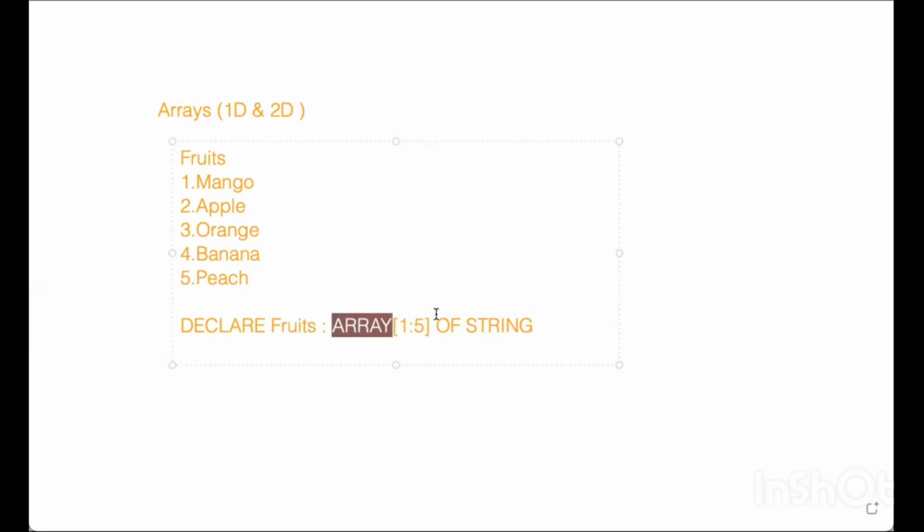The rest of the words are keywords. This 1 colon 5 means the lower and upper bound of the array. The 1 means this is the starting index of the array, and 5 is the last index of the array.